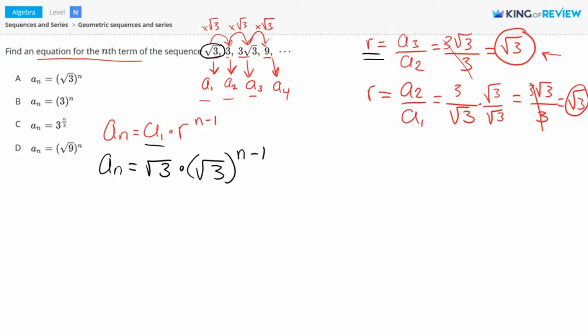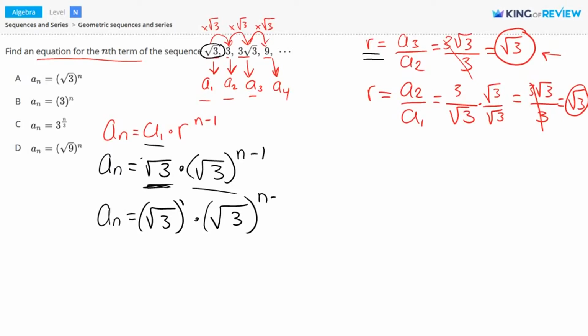Now, you see that we have two square root 3 numbers here. This first square root 3 can be written as square root 3 to the first power. This is the same thing as square root 3. And we have times square root 3 to the n minus 1 power.